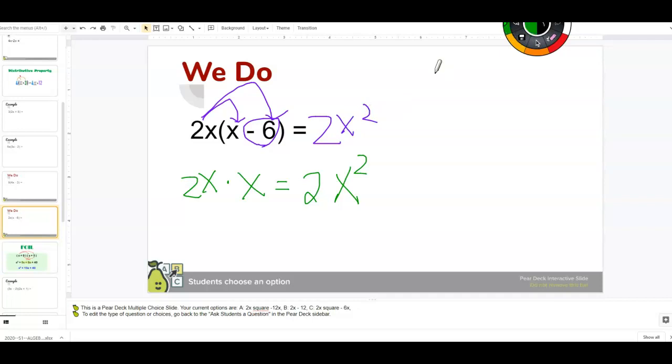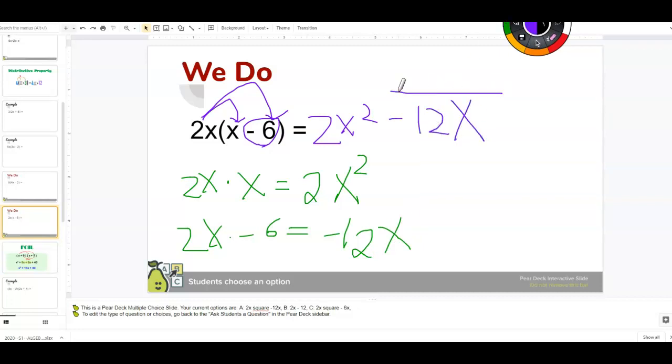And second arrow, 2x times -6. Number part, 2 times -6, -12. X part is just 1x. So it's -12x. Okay.